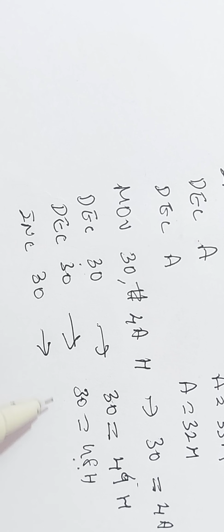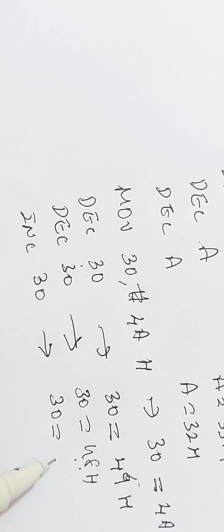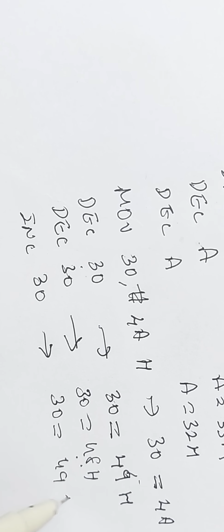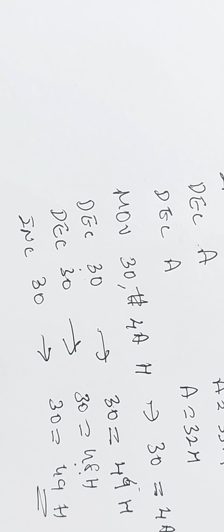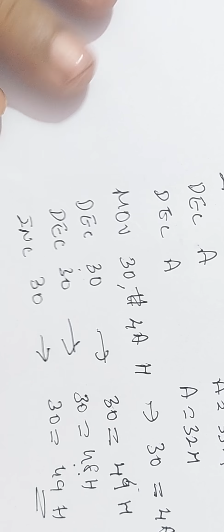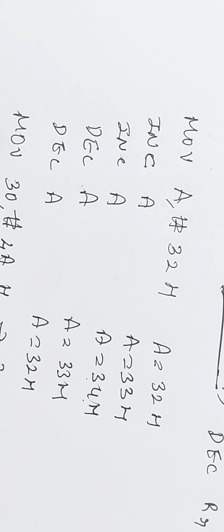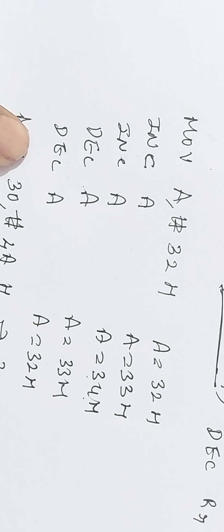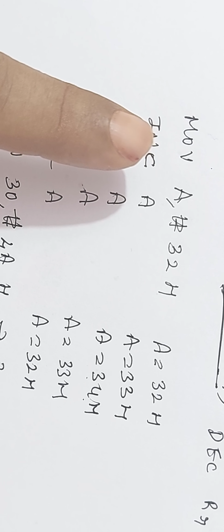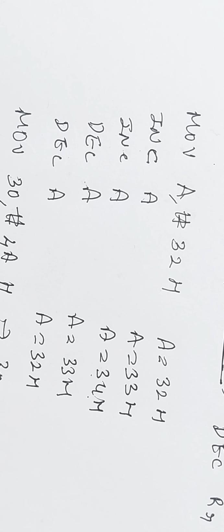Increase this by 1. Therefore, RAM location 30 now contains the number 49H. In this way, you can use the increment instructions and decrement instructions to increase the data by 1 or to decrease the data by 1.